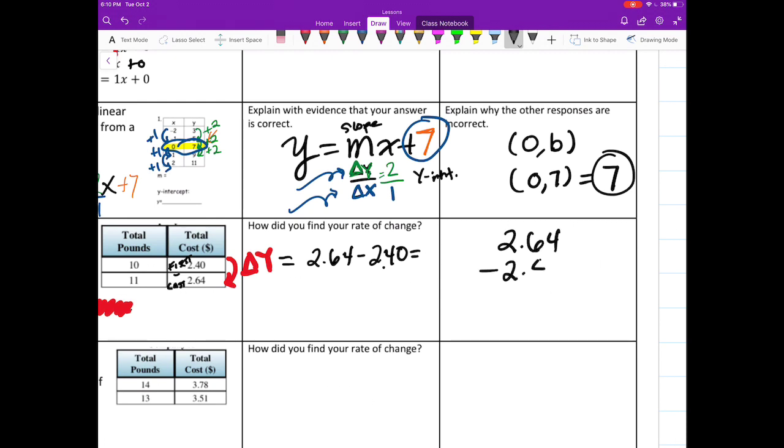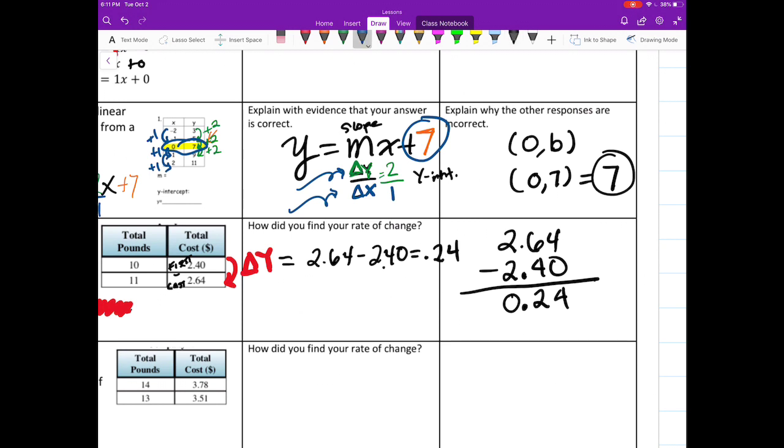2.64 minus 2.40. 4 minus 0 is just 4. 6 minus 4 is 2. Bring down your decimal. And then 2 minus 2 is 0. So there is your change. You had to subtract your first from your last, so your last goes first.